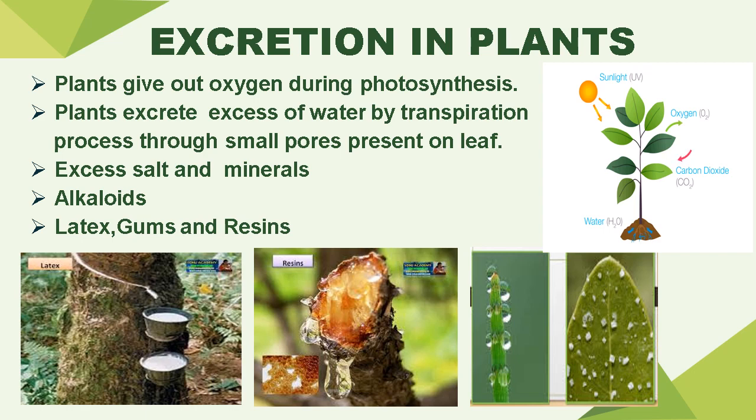Plants store some of their excretory products in leaves and get rid of them by shedding them. Some plants store their excretory products as resins, gums, latex, oils, etc. in stems, leaves and bark. Eventually, plants shed off their parts and thus excretion occurs.